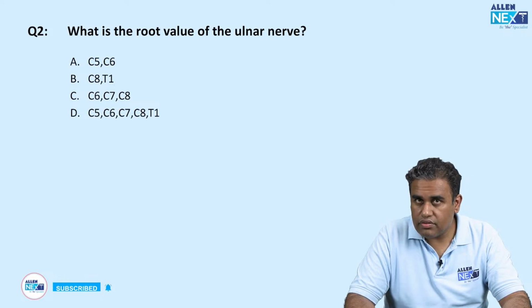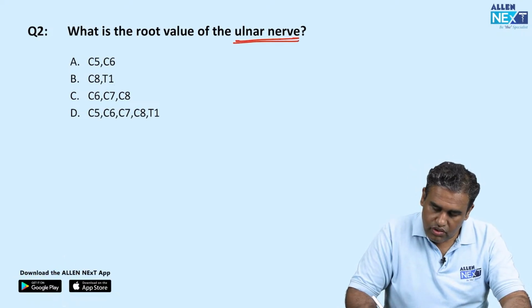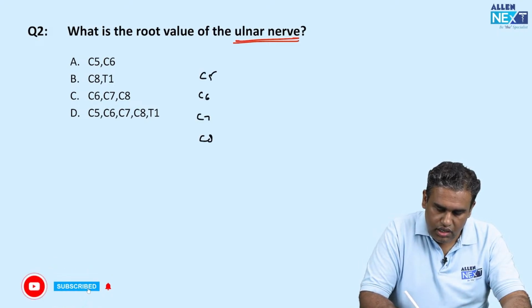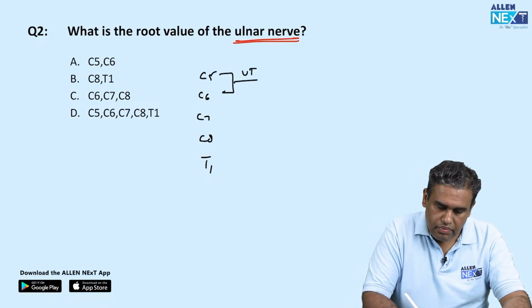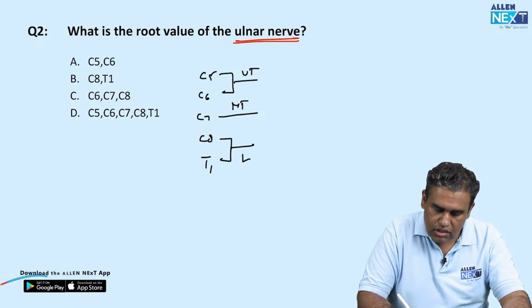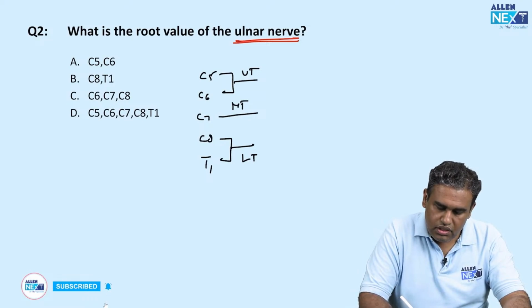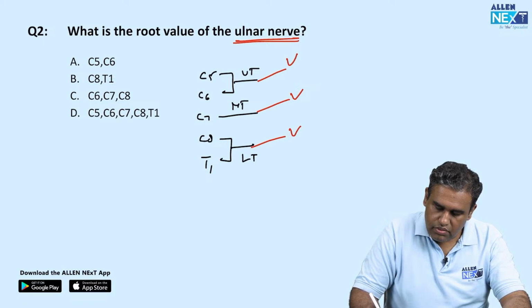What's the root value of the ulnar nerve? So that's a question directly from the brachial plexus. Brachial plexus, we all should be aware, has the root value of C5, C6, C7, C8 and T1. These two form the upper trunk, C7 forms the middle trunk, and C8, T1 form the lower or inferior trunk. Then all of these three trunks form the ventral divisions, and they also form the dorsal divisions.